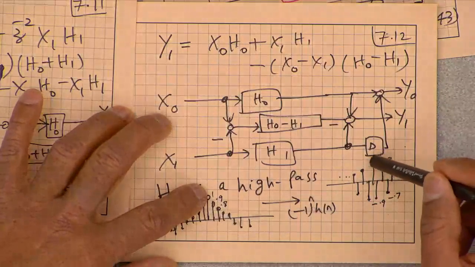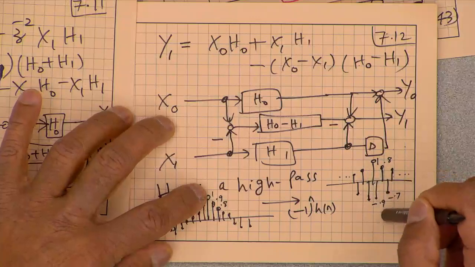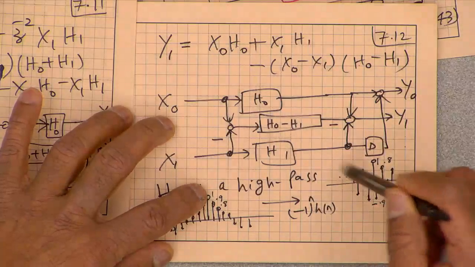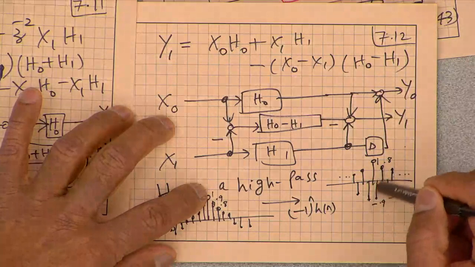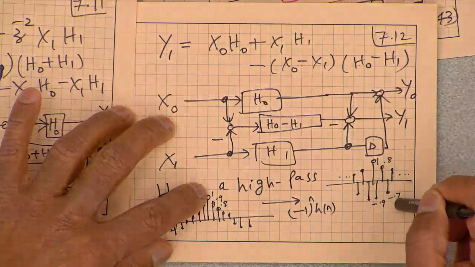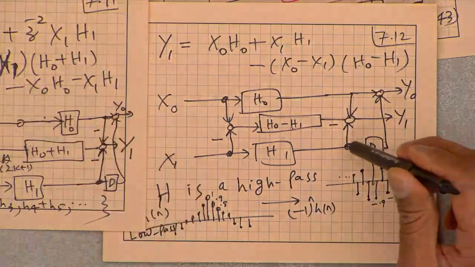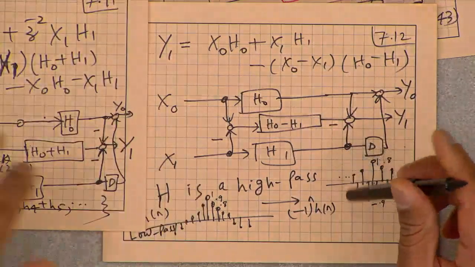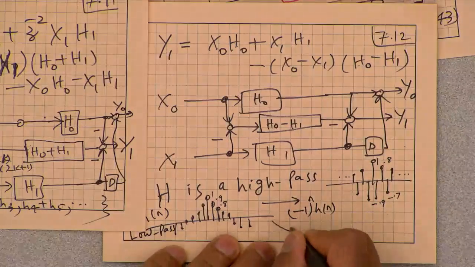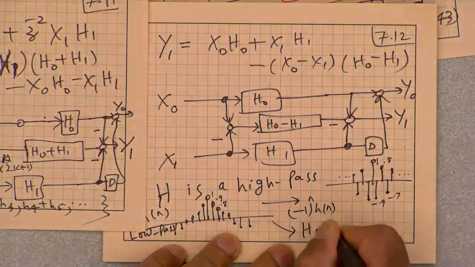If I take 1 minus 0.9, that first coefficient is going to be 1.9, and the next one will be 0.8 minus 0.7, which is 0.1. So for a high pass filter, use the h0 plus h1 structure.